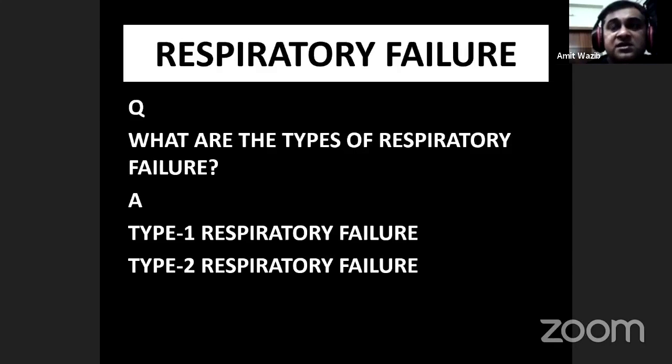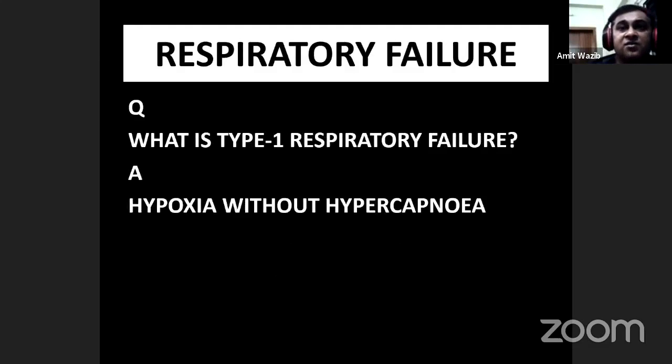So when this gaseous exchange is not adequate, it is called respiratory failure. In respiratory failure, one thing is common, that is hypoxia. When there is hypoxia but no hypercapnia, this is type 1 respiratory failure. And when there is hypoxia plus hypercapnia, it is type 2 respiratory failure.